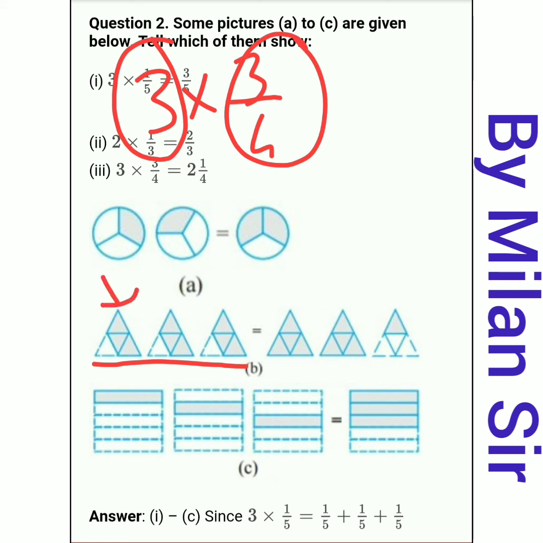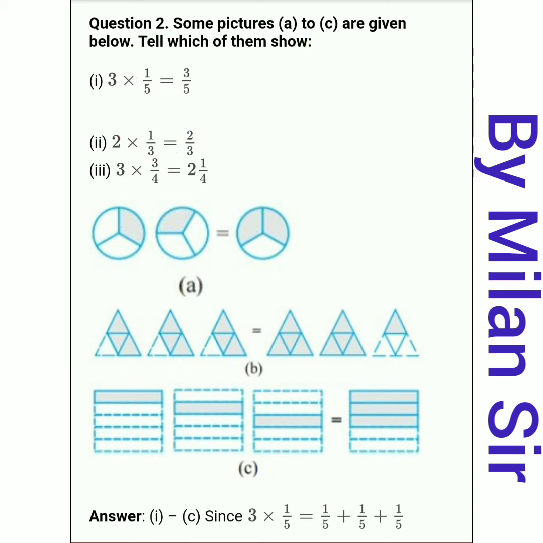So in option B, in each triangle we have 4 parts, right? 1, 2, 3 and 4. And out of that 4 parts, 3 parts are shaded. So here in each triangle 3 parts are shaded, right?